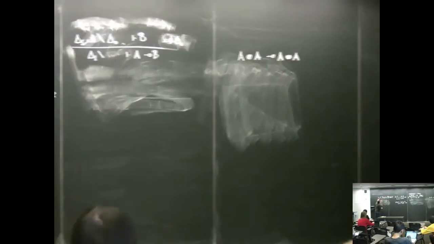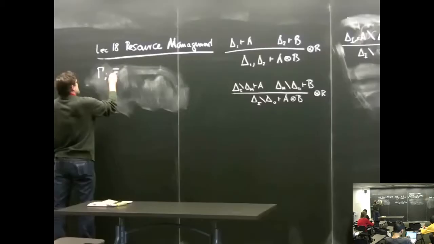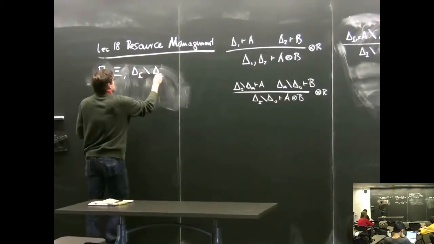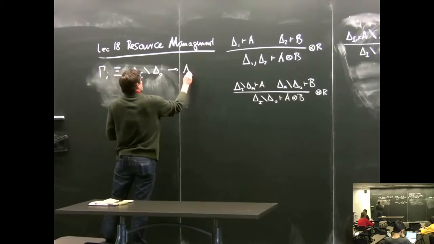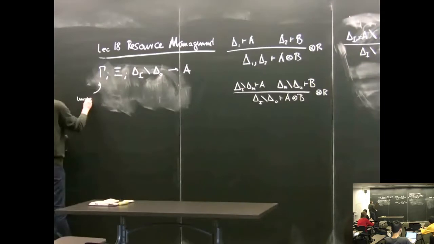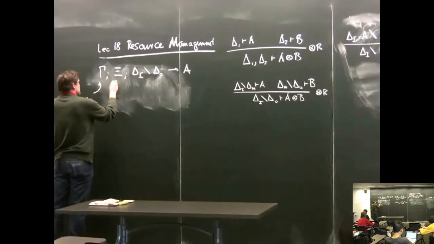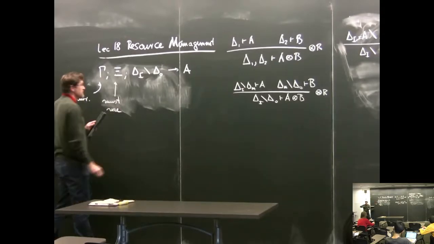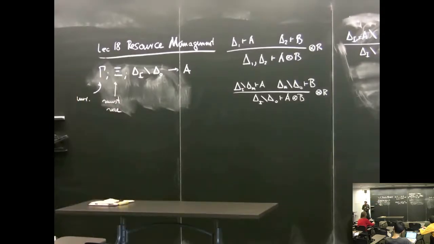Okay, so this time I'm going to write the gamma out. These are the unrestricted assumptions as before. There's nothing special about them. These we must use, so there's no possibility of passing them on. They must be used in the proof.